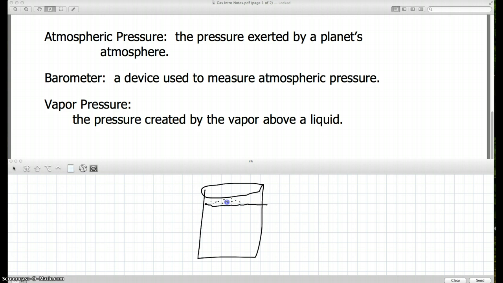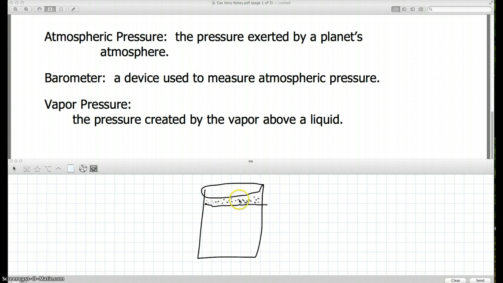Now, those gases, or that vapor, the gaseous H2O molecules, they create a pressure. And that pressure gets exerted back onto the surface of the water. So again, we have a liquid. That liquid is evaporating. And those evaporated molecules of that liquid create pressure. And that pressure created from those molecules is what we call vapor pressure.